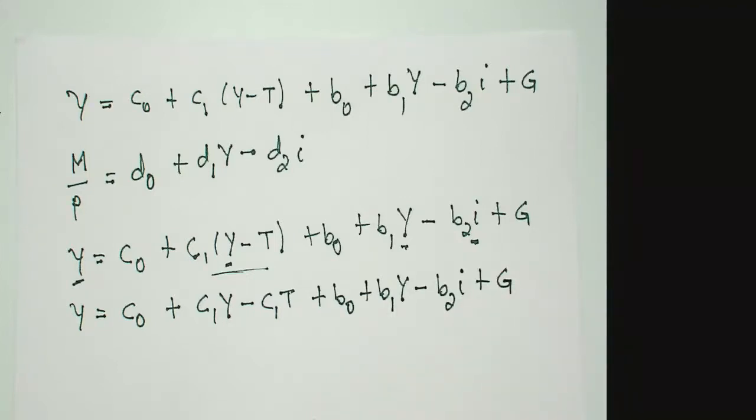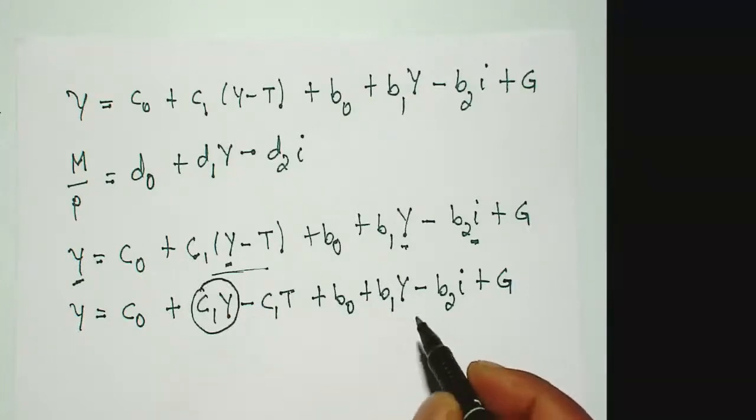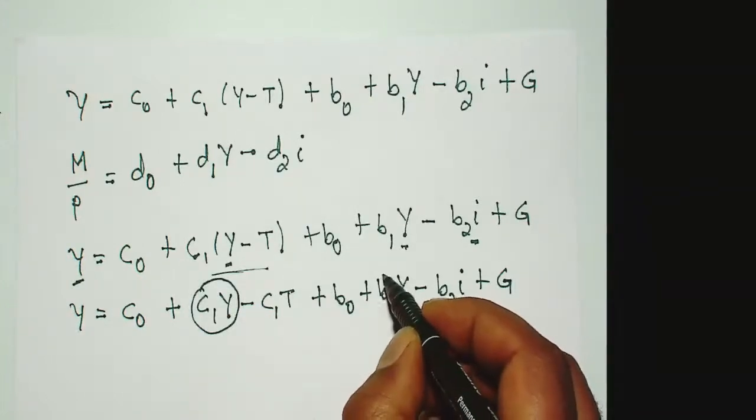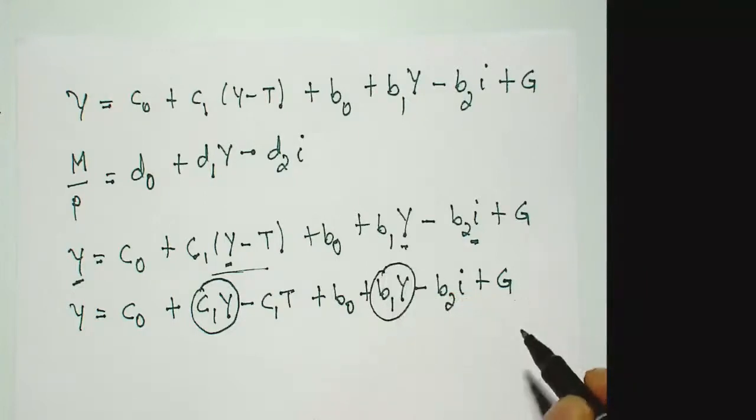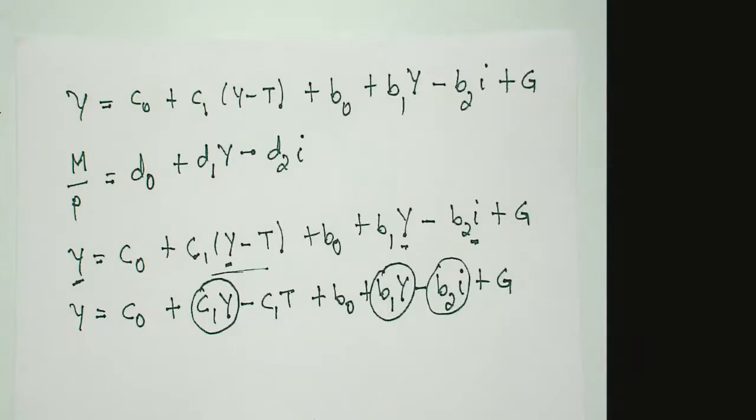What we want to do, as we have said, is to gather our endogenous variables on the left-hand side. So these three parts should be sent to the left-hand side so that we would have both Y and I on our left-hand side.